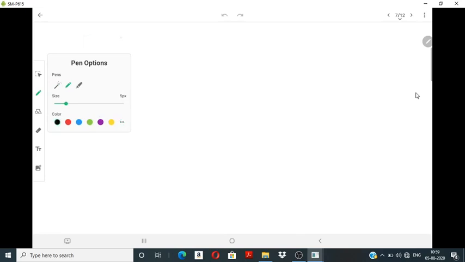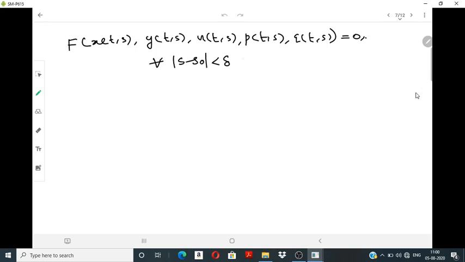That means f of x of t,s, y of t,s, u of t,s, p of t,s, q of t,s is equal to 0, for all mod s minus s naught less than delta and mod t less than epsilon.